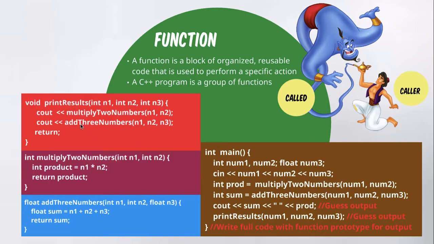Now one thing I should mention here, the type of this print results is void. That means it is not producing any data element of any specific type. It is printing out everything. So here, if you want, you can omit this return statement entirely, and you can end your code right after this second cout statement.